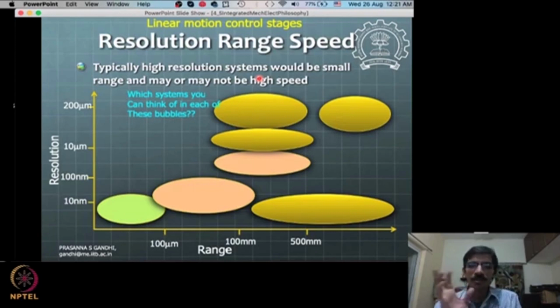In nature also, if you see something happening at a larger range, hardly will the resolution of those things be high.